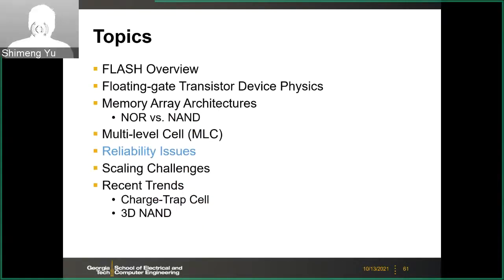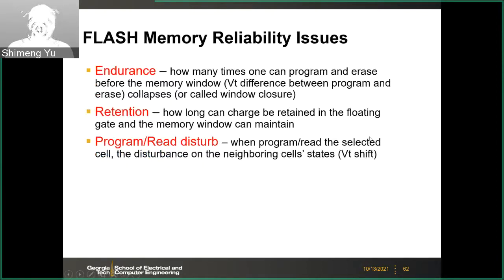Okay, next we will discuss the reliability issues for the flash. This is also new compared to the SRAM and DRAM. The flash memory reliability discussion will also apply later when we talk about the other emerging non-volatile memory. Basically for non-volatile memory, you will have those issues.